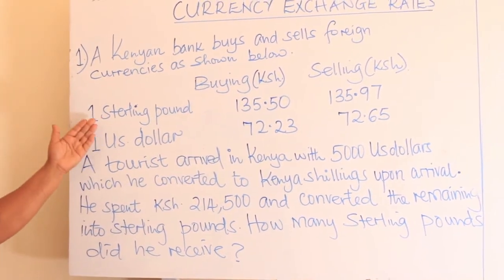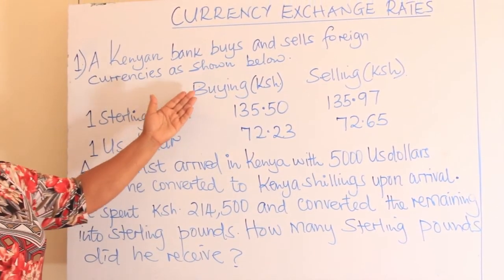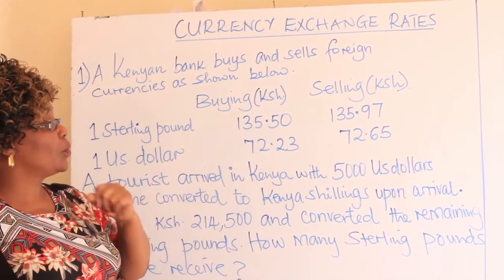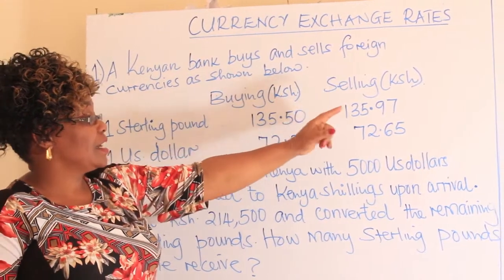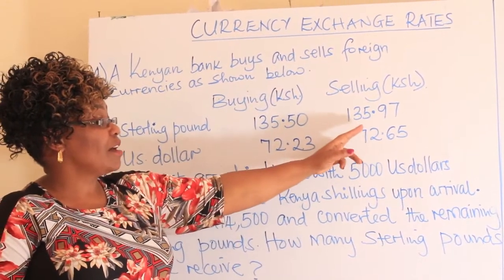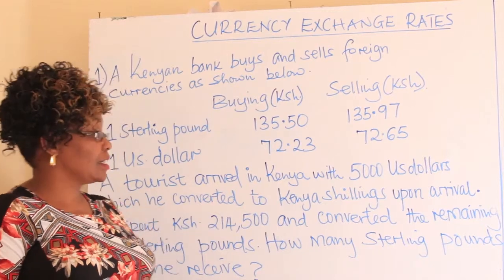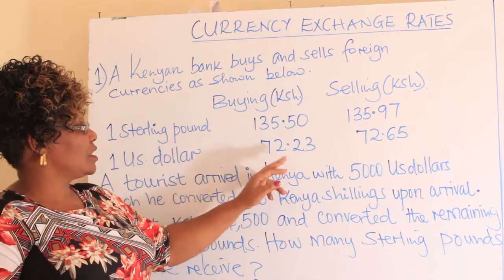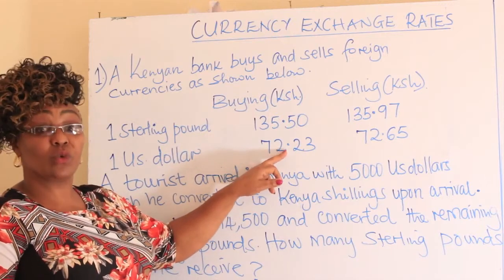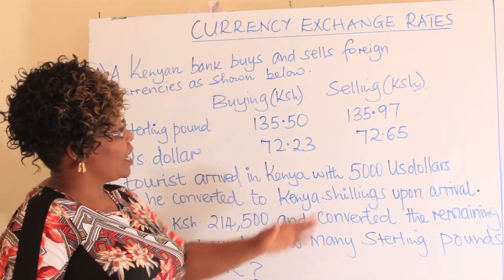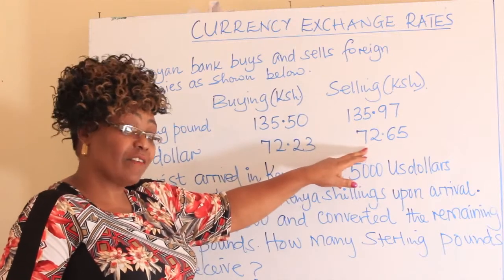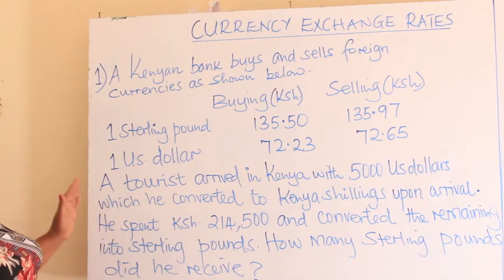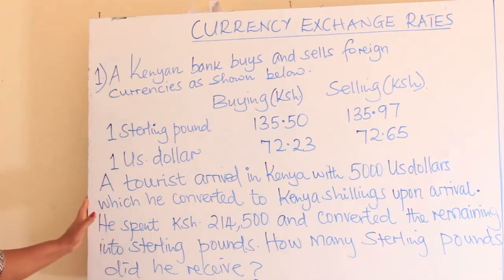So you have 1 sterling pound buying in Kenya shillings 135.50, selling in Kenya shillings 135.97. $1 buying in Kenya shillings is 72.23 and selling in Kenya shillings is 72.65.